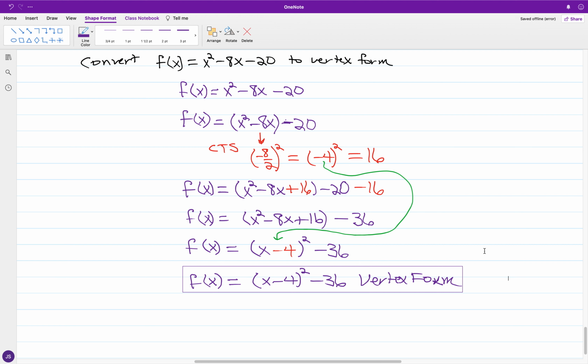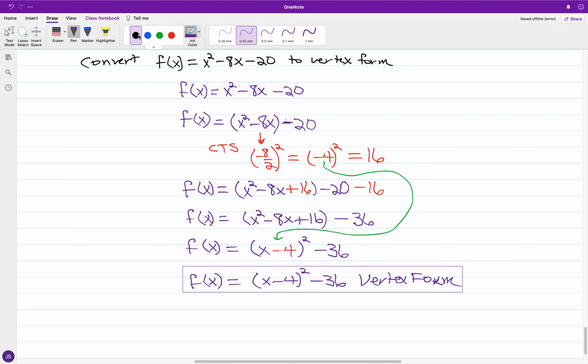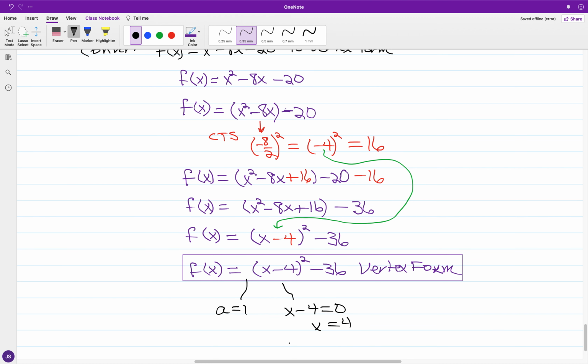Now I'll just mention quickly, a little history repeating. Your a value is equal to 1. And for your h and k values, if I set x minus 4 to 0, I get x is equal to 4, and that's also going to be your h value. So x is equal to h is equal to 4, and we have that k is equal to -36.